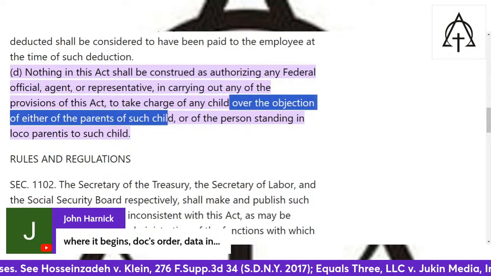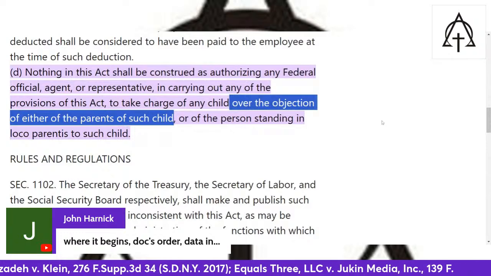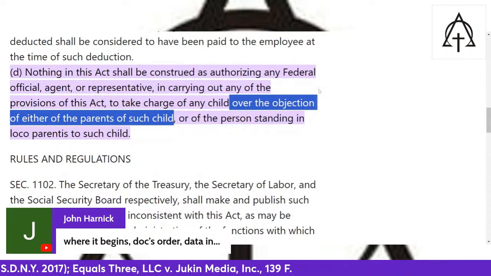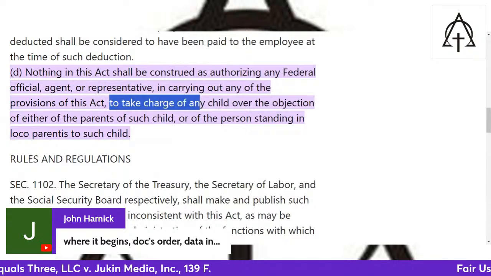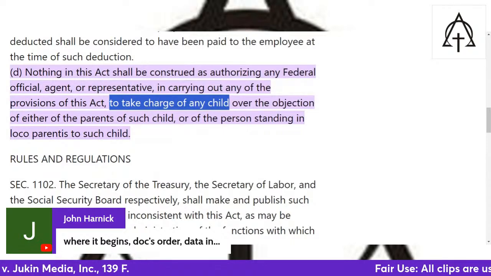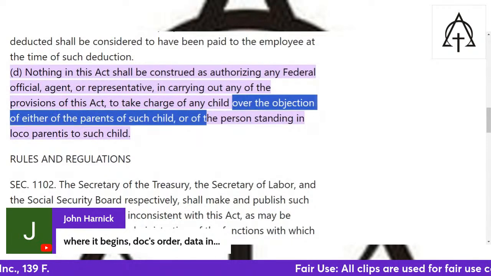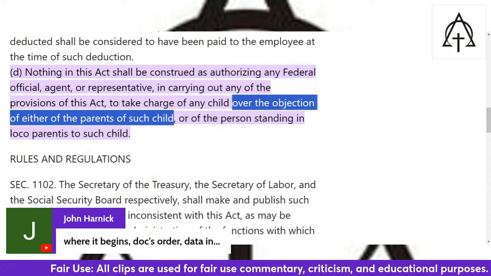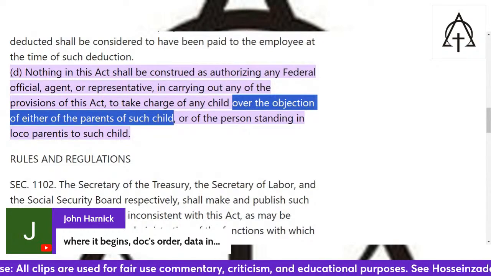Over the objection of either parents of such child. So if there's something going on that the parents don't know, then somebody is taking charge of the child, and mom and dad aren't objecting because the taking charge of the child isn't even known. It's been misconstrued.